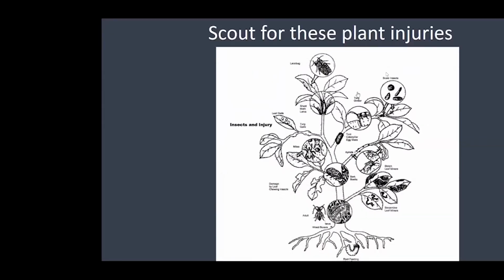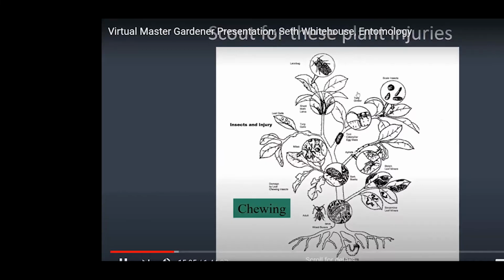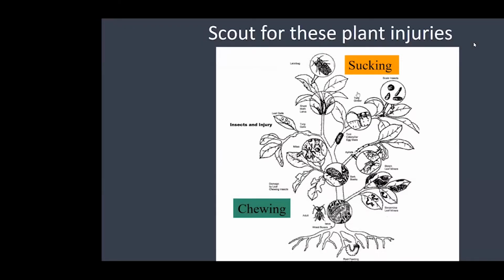So going back into the mouth parts, we're going back full circle into why we wanted to know about the mouth parts for these insects, is because they're all going to cause different types of injuries to that plant. So when we're out there in the garden, we're scouting for these plant injuries, and oftentimes it may occur as a chewing on the leaf. It could be a sucking or like a piercing into the leaf. So you'll see little dots on the leaf, and we'll see that here in a minute. Internal feeding, maybe they're feeding from the ground.